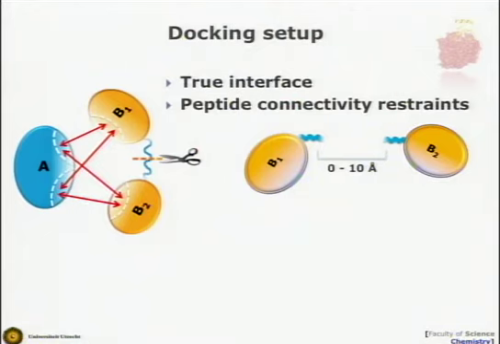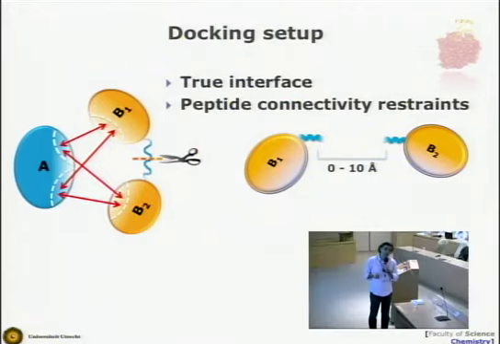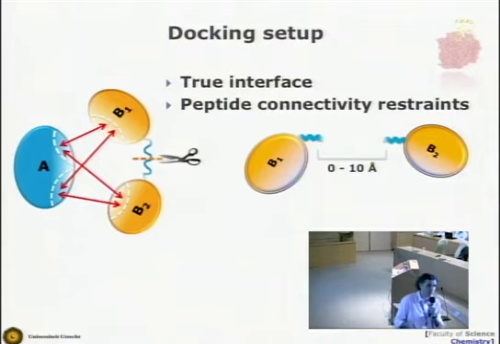So you cut at the hinge, you have your domains, you have to define your restraints. Of course you don't know which interface interacts with which domain, so you have to define the interface as ambiguous to both domains. So that's why you get those systems. And we add additional restraints to bring back the protein together. But in the initial phase of the docking, you don't want to have very tight restraints because you want the conformational changes to be possible.